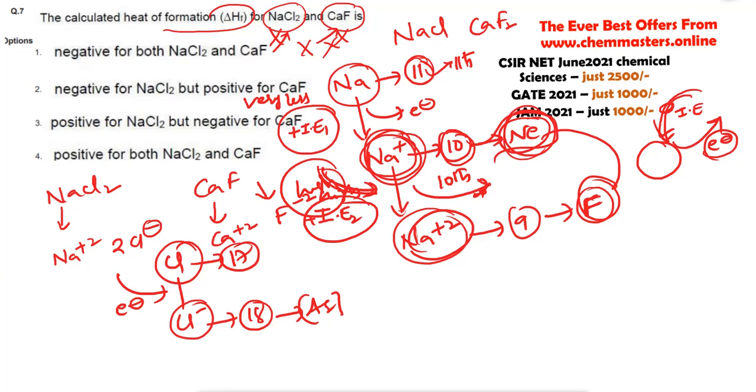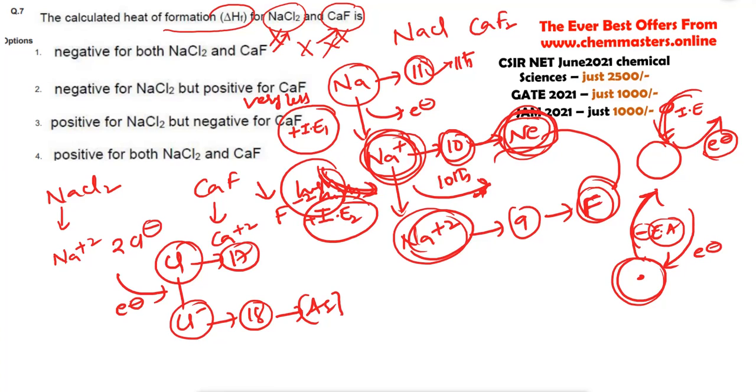Okay, right. And we know that whenever an electron is added to the outer shell of an atom, molecule or ion, some amount of energy is released into the surroundings, and we can call it electron affinity. So energy is released from that atom, molecule or ion, so we give it a minus sign.